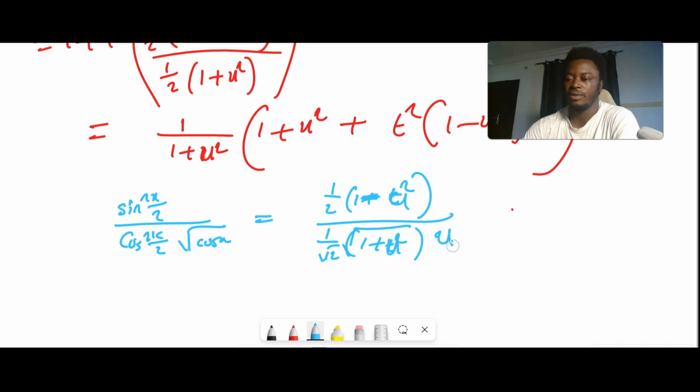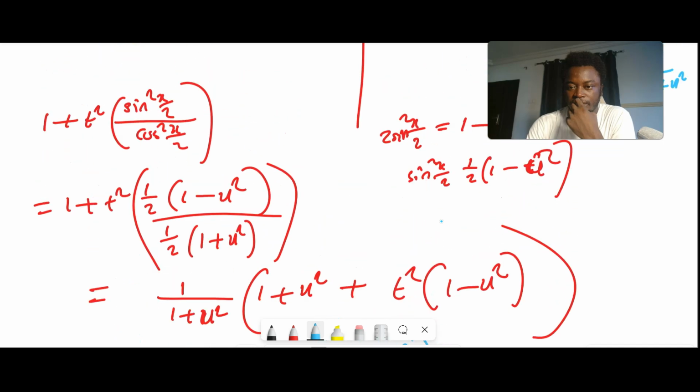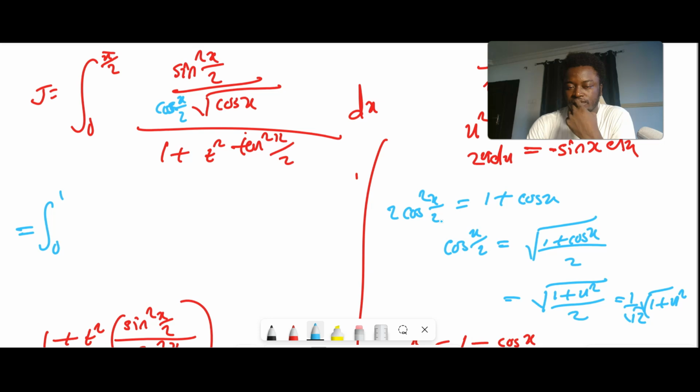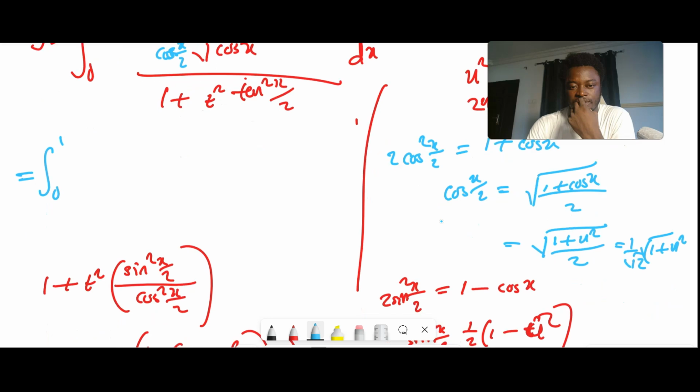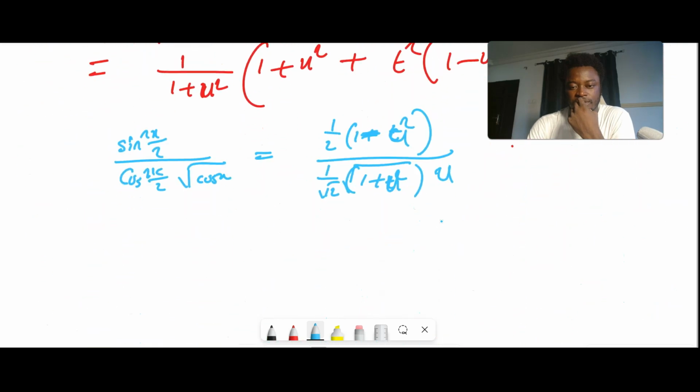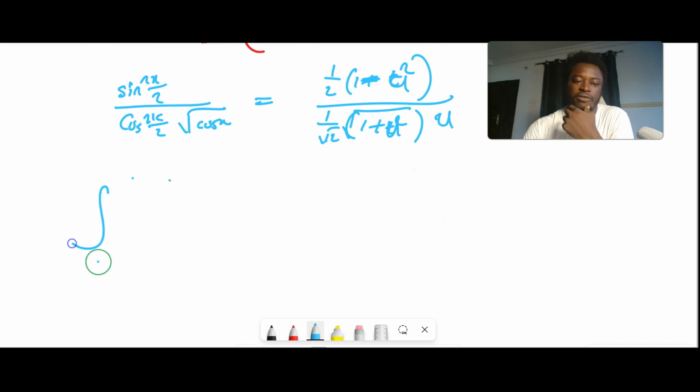So times u, and this is getting so long, but okay. So we have the integral from 0 to 1. At the very top, you will have square root of 2 divided by 2.